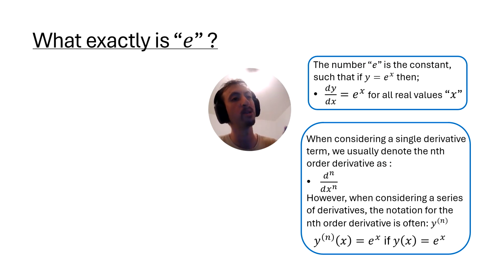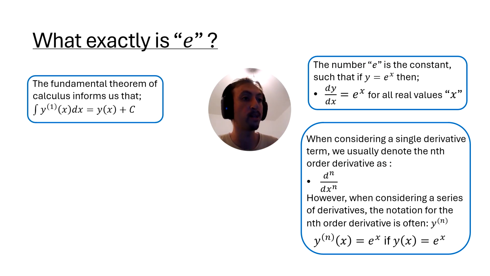But just to finish up on ways to think about e geometrically, we can use the fundamental theorem of calculus, that the integral of the first derivative of y with respect to x integrated over x will give us back y plus some constant of integration.